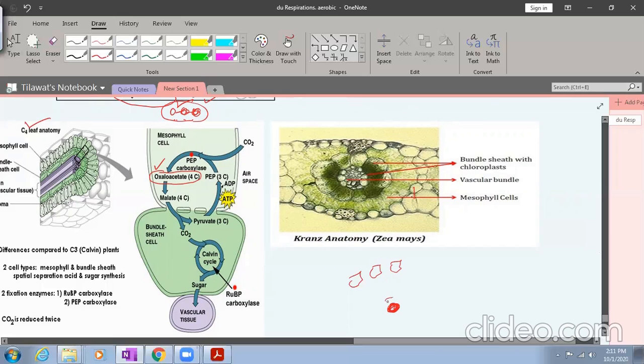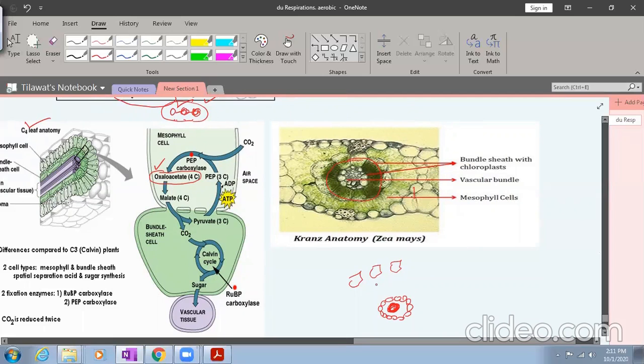Around this vascular bundle, there is what? Bundle sheath. Am I clear? And these bundle sheath cells are strongly bound, right? Means there is no gap between them.